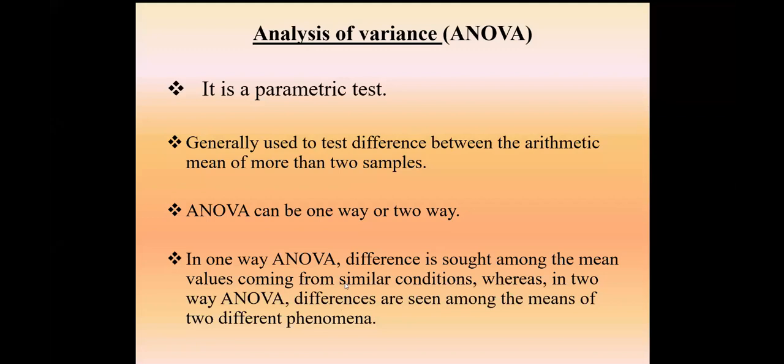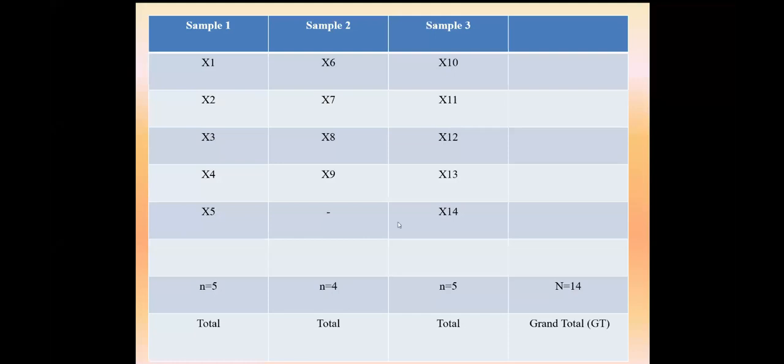And when different kinds of phenomena, happenings, or subjects are there, in such case we apply two-way ANOVA. So I'm going to explain this aspect by taking certain examples.